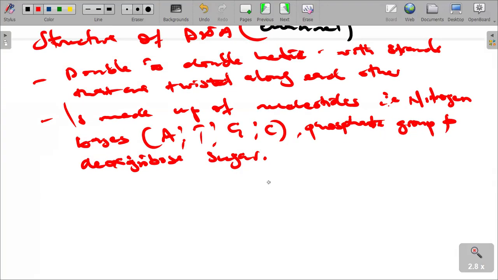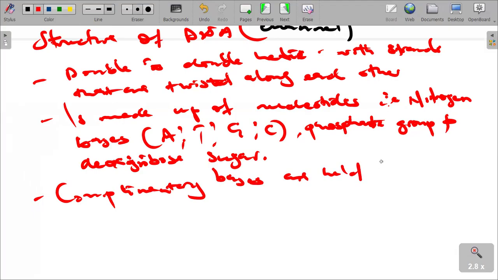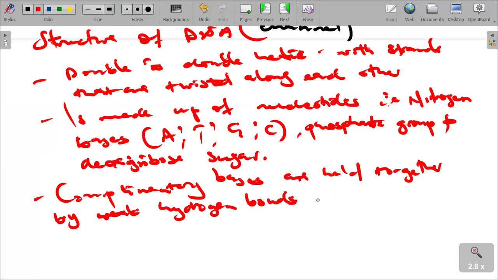So what happens again is that DNA complementary bases are held together by weak hydrogen bonds, where A pairs with thymine and C pairs with guanine.